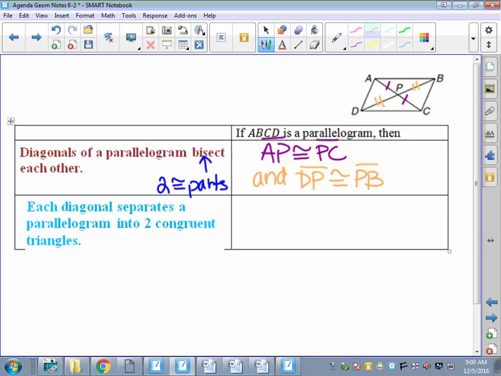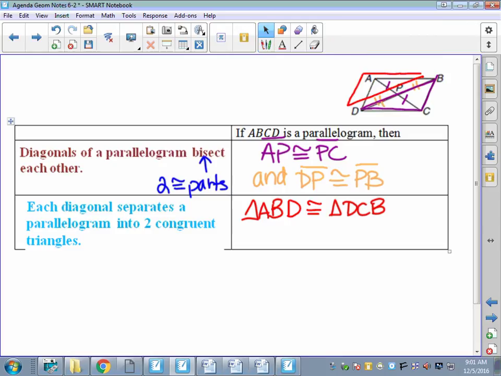So if I look at this diagonal, I know that triangle ABD is congruent to the other triangle DCB. So this top is congruent to this one. You just have to watch your congruent statement.